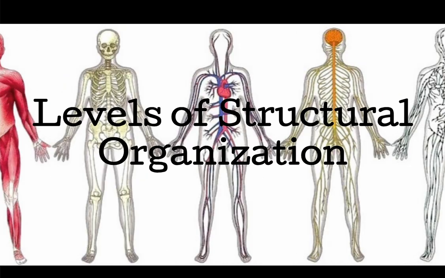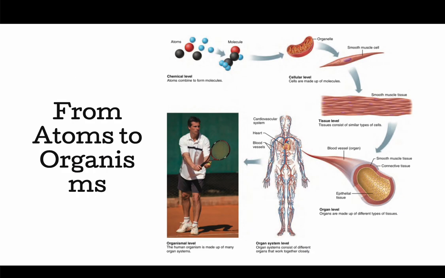So for the levels of structural organization, from atoms to organisms. As we studied before, the simplest level of your structural hierarchy is your chemical level. At this level, atoms, balik from our science classes, are the tiny building blocks of matter and they combine to form molecules such as water and proteins.